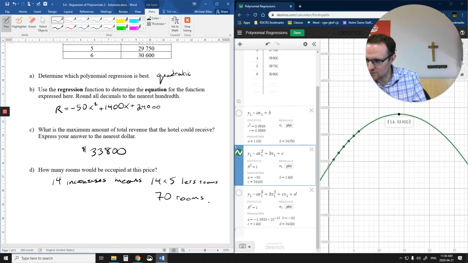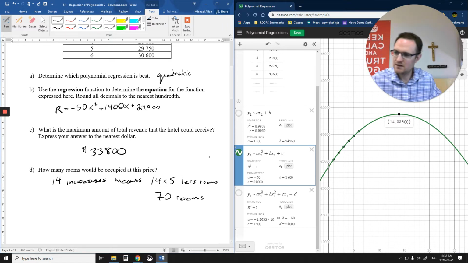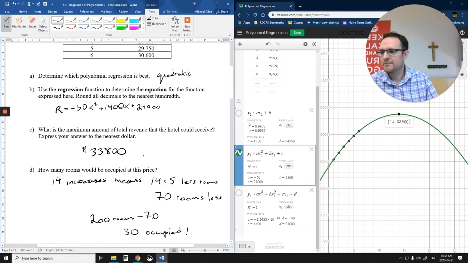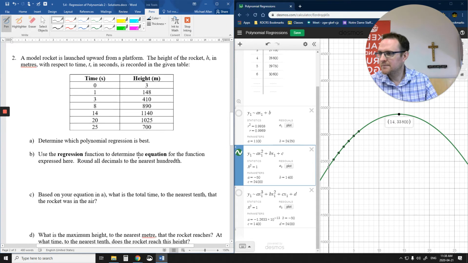So there's going to be 70 rooms less than 120. So again, minus 120. Is it 120 or is it 200? Oh, it's 200. I'm sorry. So it's 200 minus the 70. This is a pretty tricky question, actually, when you think about it. So 130 rooms occupied here. Oh, it's a bit tricky.